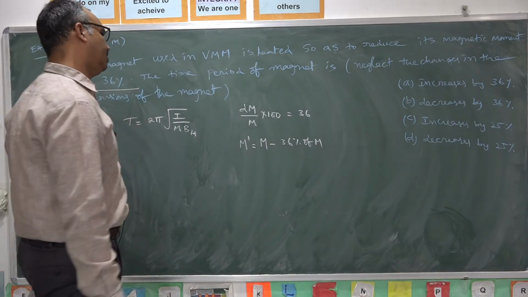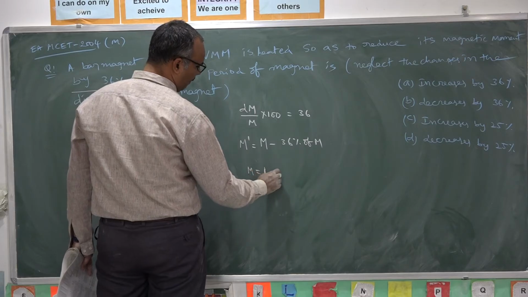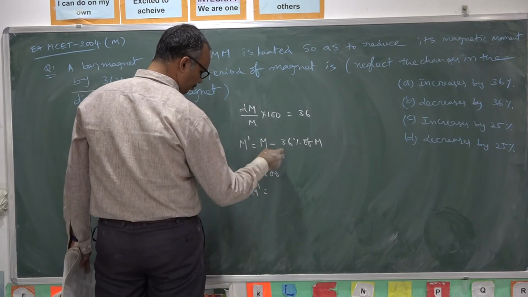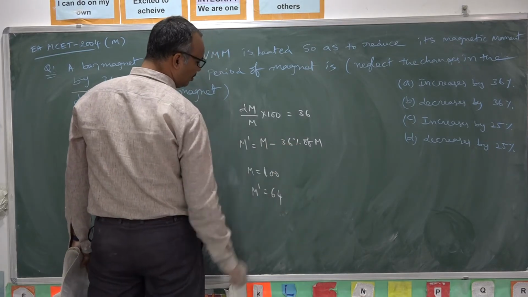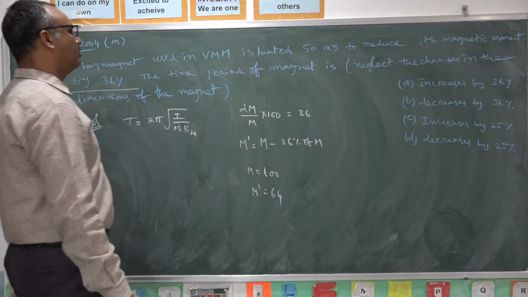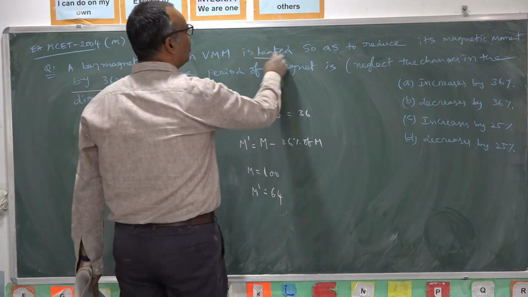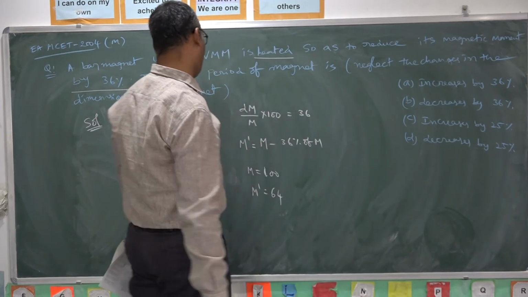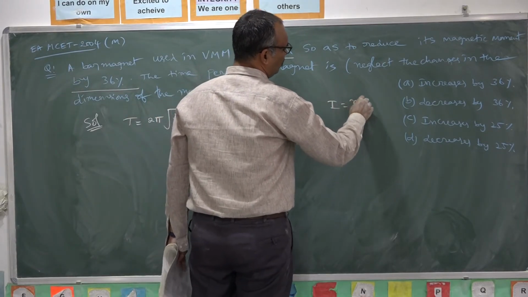For my convenience, if I take the old magnetic moment as 100, the new magnetic moment will be 64, because it is decreased by 36. What will happen to the time period? Whenever we heat it, its length and breadth are going to change, and then the moment of inertia also changes.